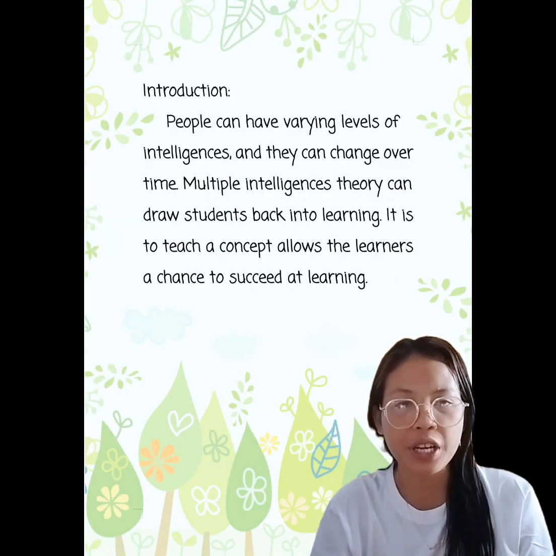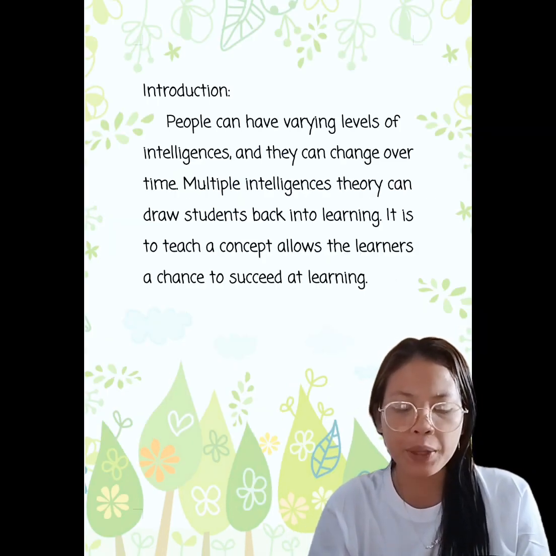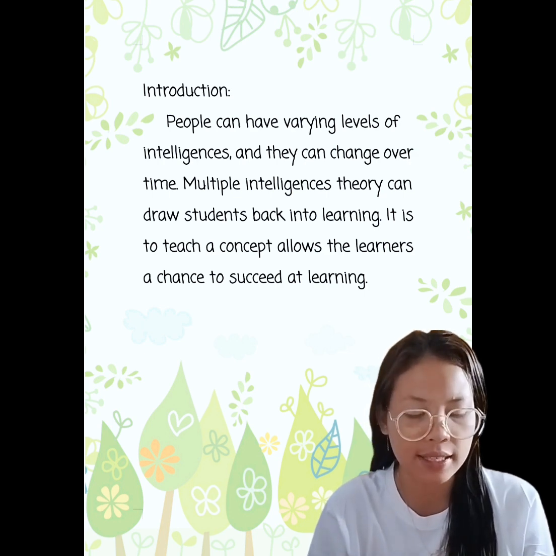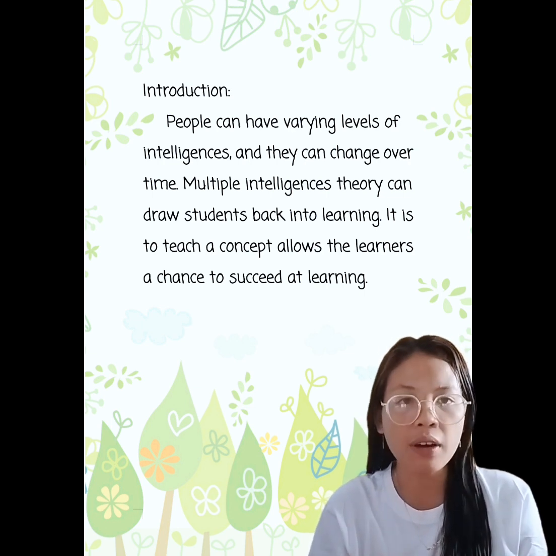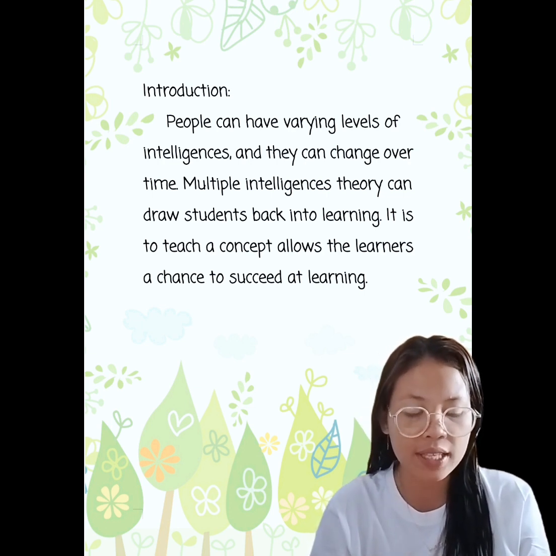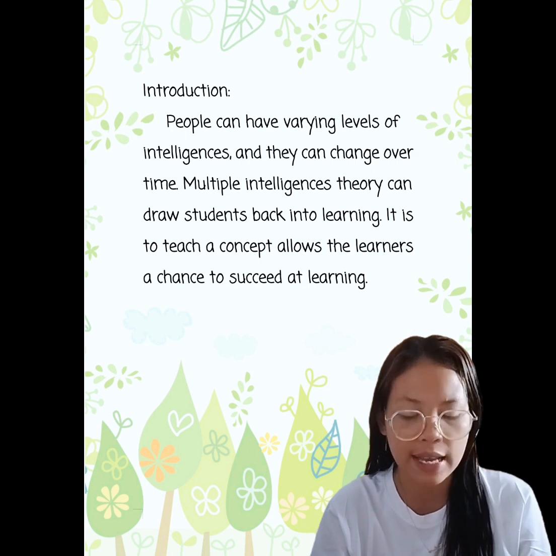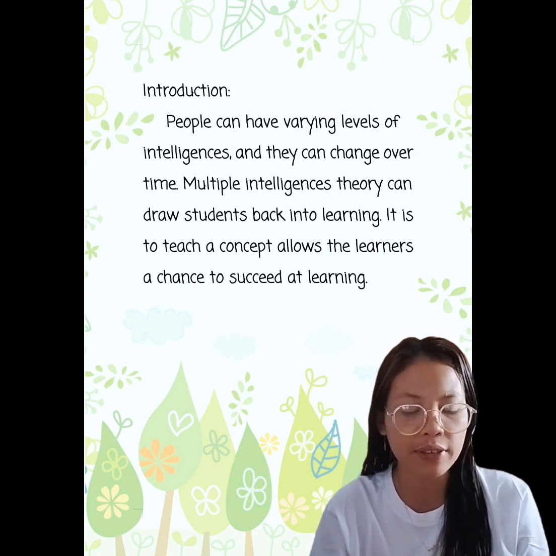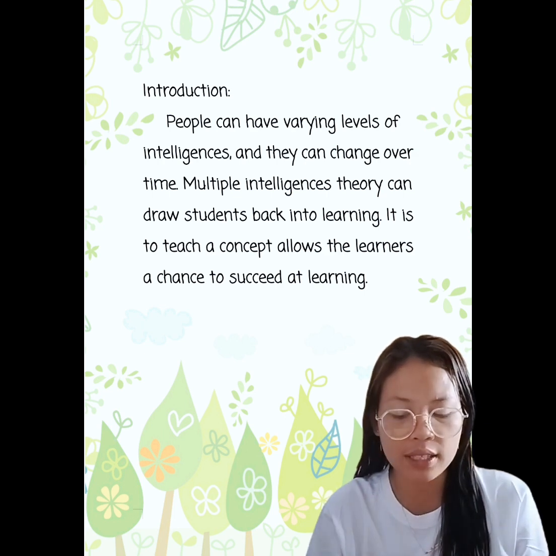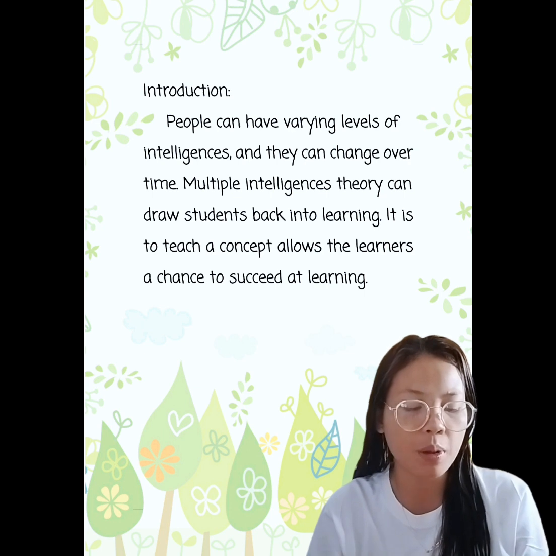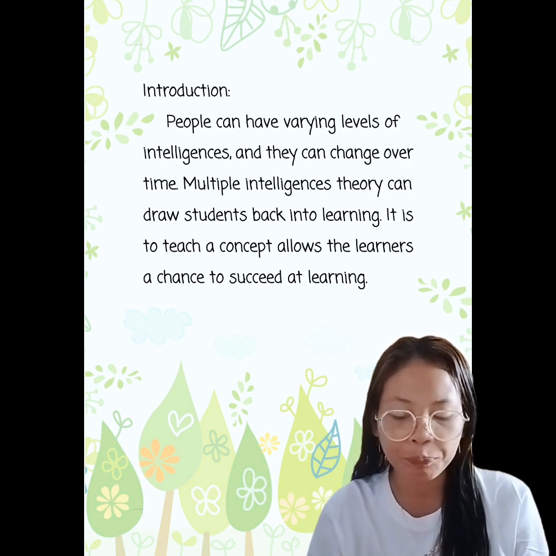So, introduction. People can have varying levels of intelligences and they can change over time. As a future teacher, we can use multiple intelligences in the classroom for the benefit of our students by customizing our lessons, our classroom layout, and assignments for the multiple intelligences.